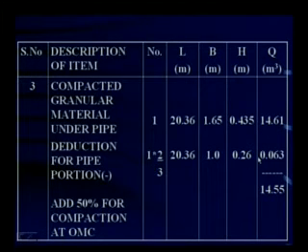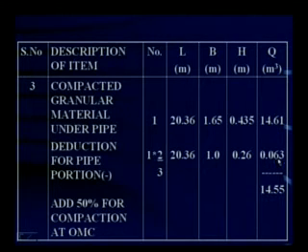I have made this deduction because a part of the pipe is embedded in the granular material. So from 14.61 you subtract 0.063, it comes to 14.55. We need 50% more material because we compact it. So for this 14.55, add 50% of the material so that on compaction it reduces in volume to 14.55 again. Right?